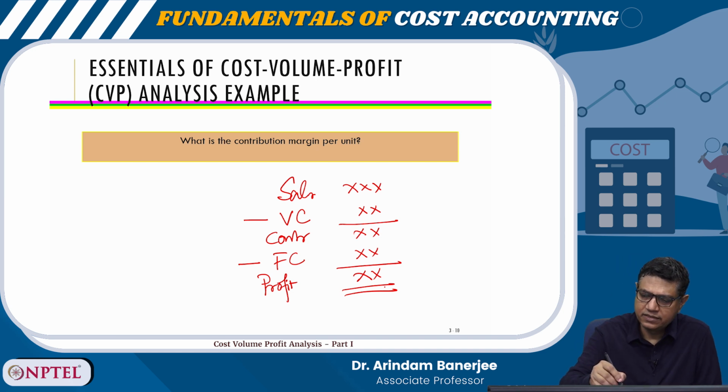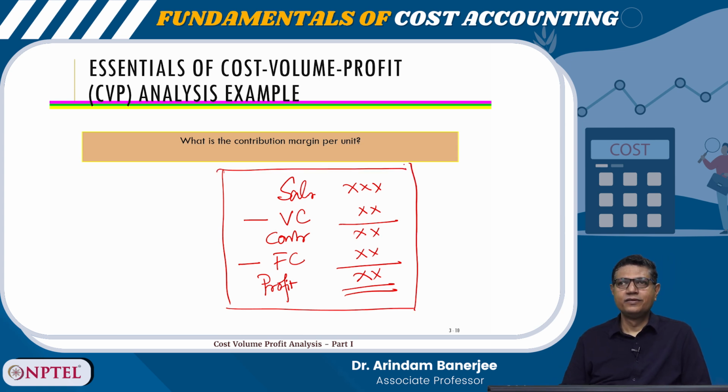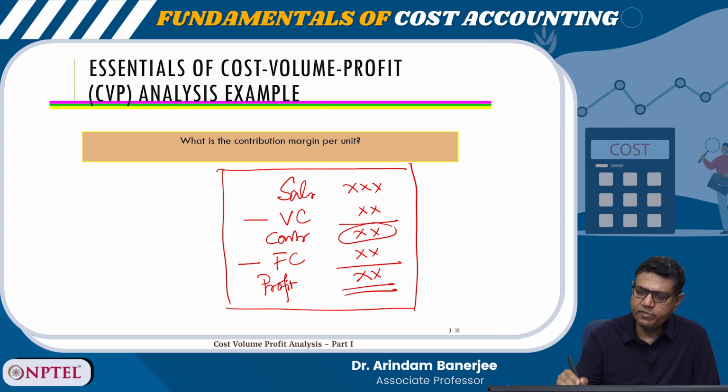So, this is, I would say, the mother equation of the CVP analysis, right. In this case contribution is a very important factor, because this fixed cost in the shorter run I cannot control. Whatever is there, it is there, but what I can control is the contribution, fine.